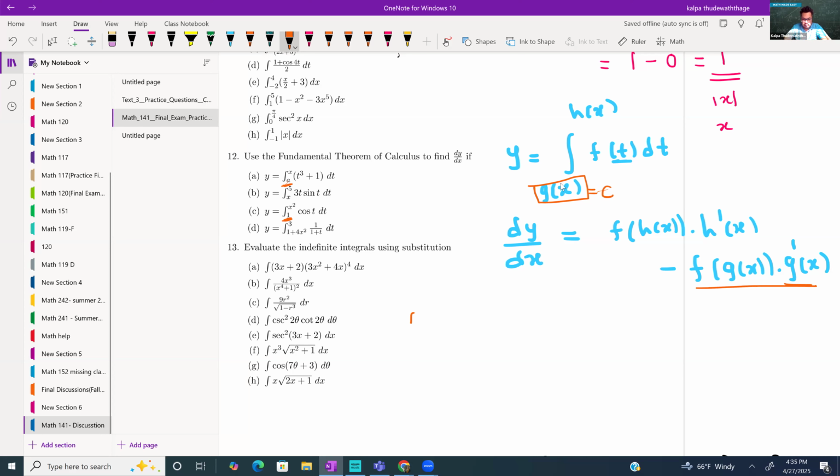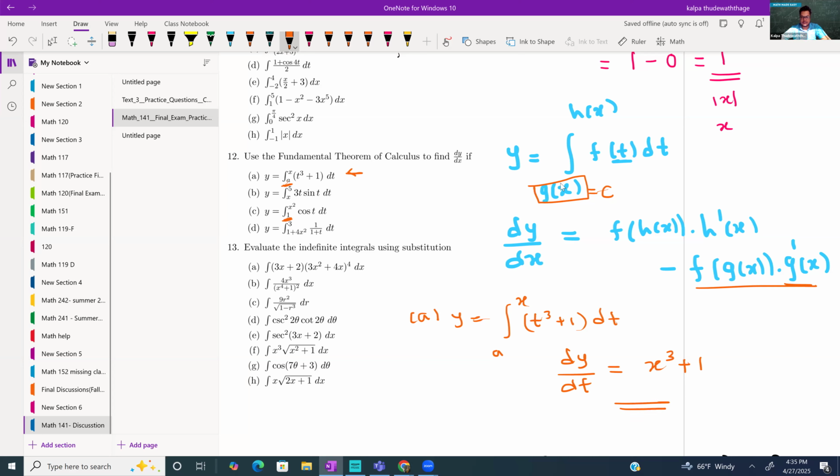Part A is a simple version. It gives you y is the integral from a to x of t cubed plus 1 dt. So dy over dx is: you replace t with x. That's it.